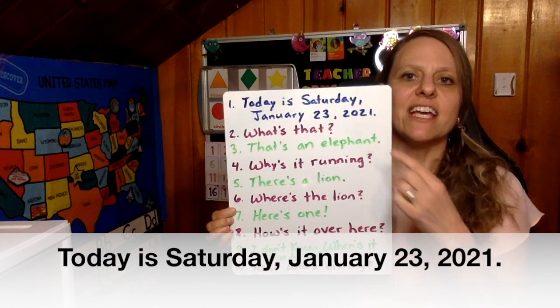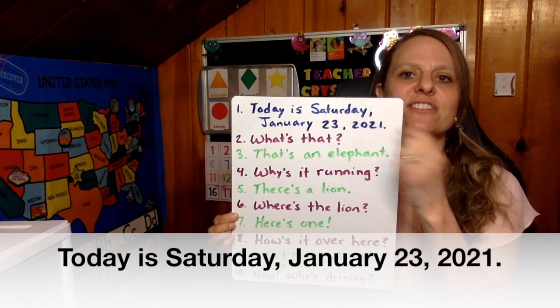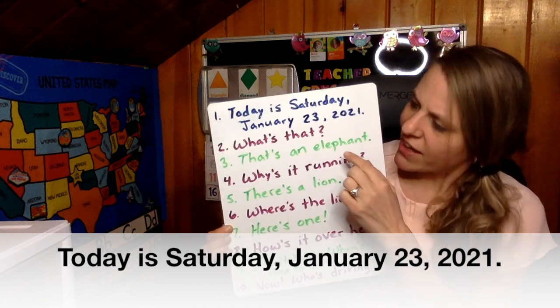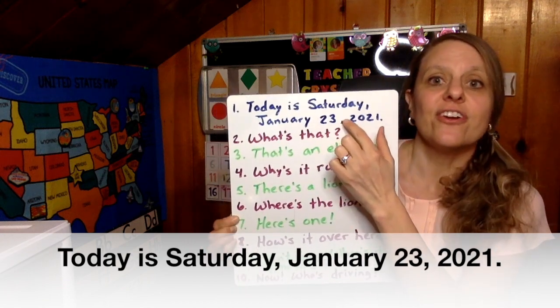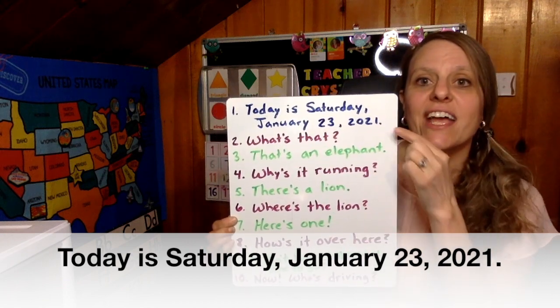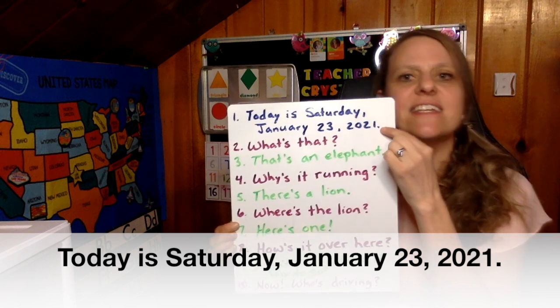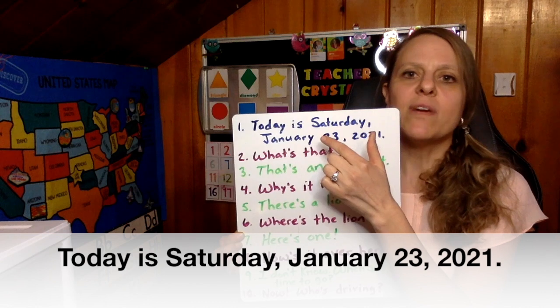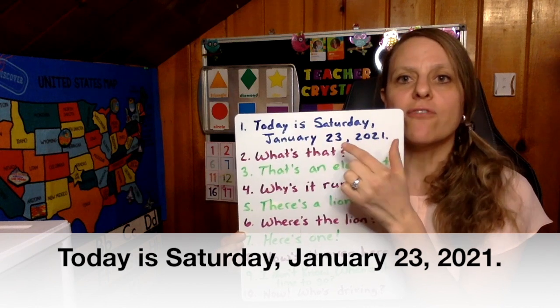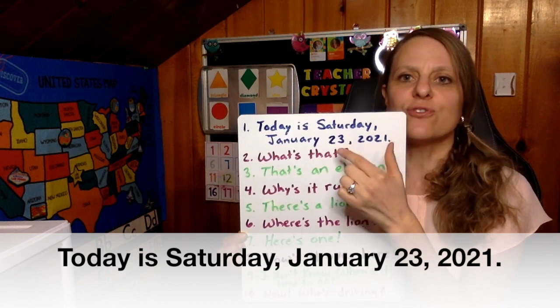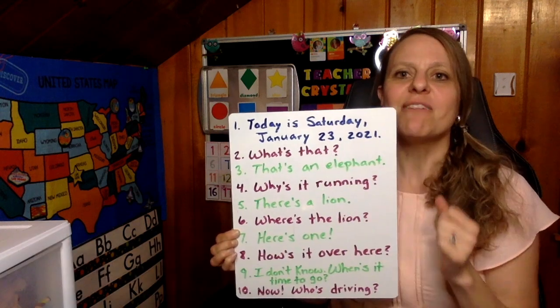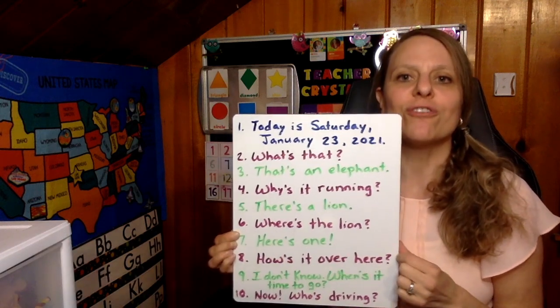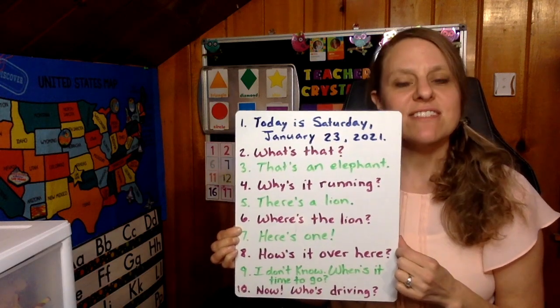And we have a comma after Saturday. We have a comma after the 23rd, and a period at the end. It's a telling sentence. It gives us information. Remember, we use ordinal numbers for the date. So the 23rd. In one of these lessons, we will go over ordinal numbers and how to say them.